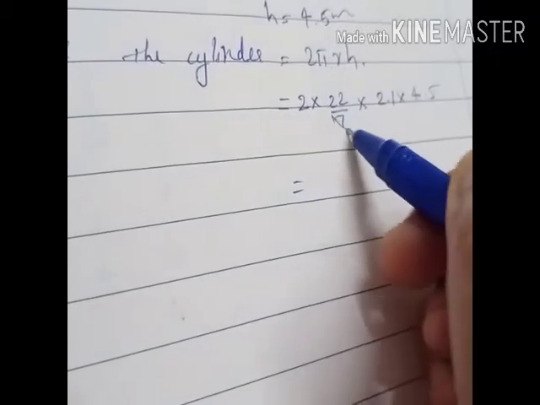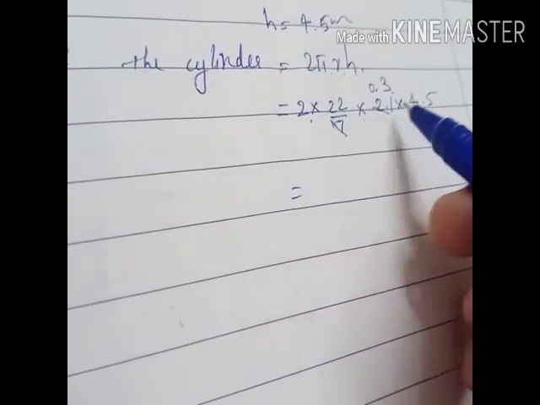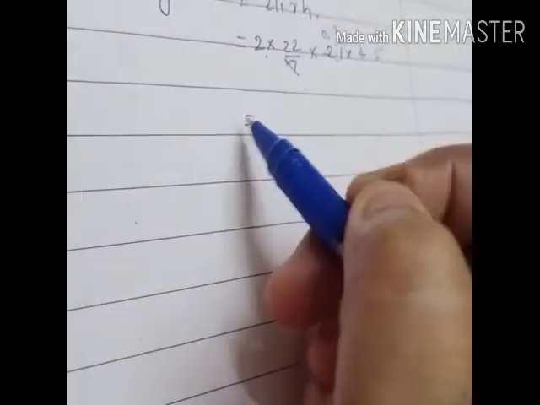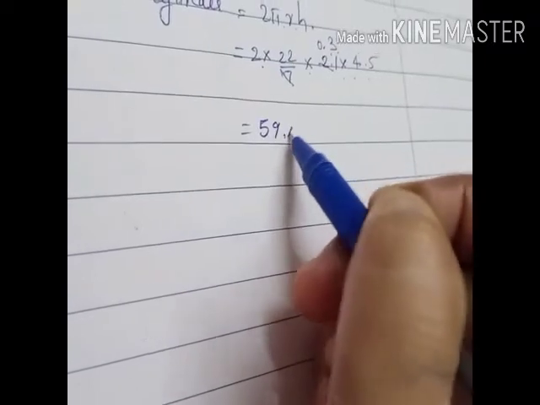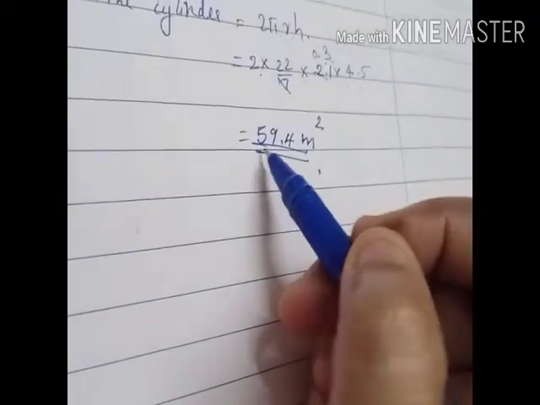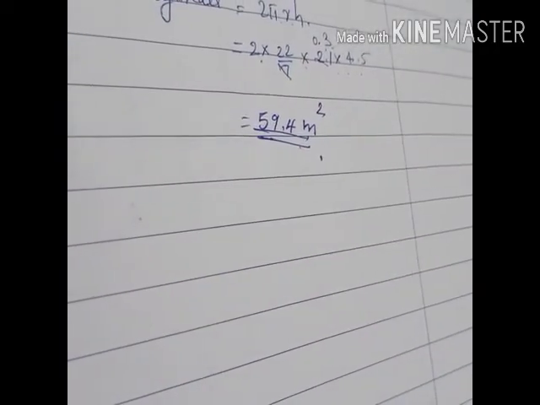So we can simplify that as 2 into 22 into 0.3 into 4.5, that is equal to 59.4 meter square. This is the CSA or lateral surface area of the storage tank.